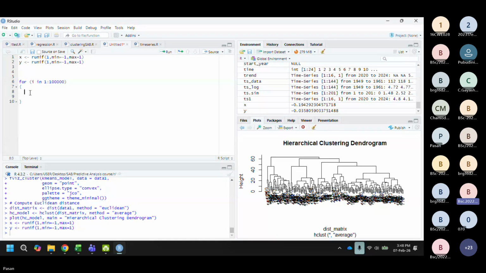So I can repeat that, and I can measure that distance here as the D. That is the square root of... so I can measure the distance like that.